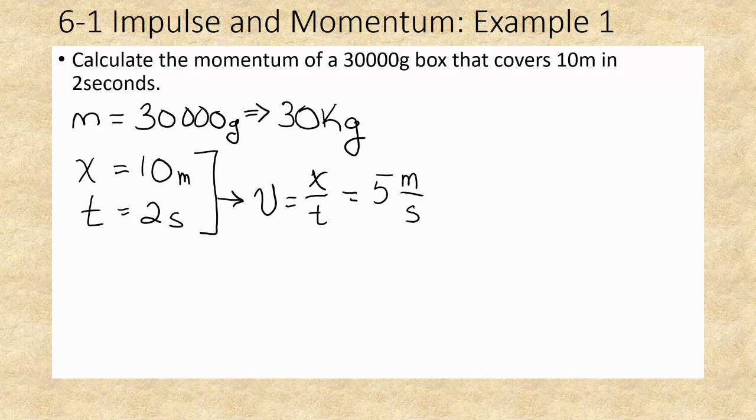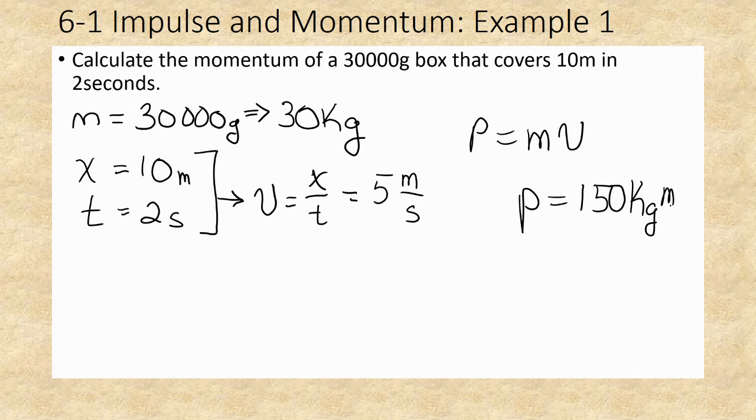And to calculate our momentum, we are just going to multiply our mass times our velocity. 30 kilograms times 5 meters per second, 150 kilogram meters per second.